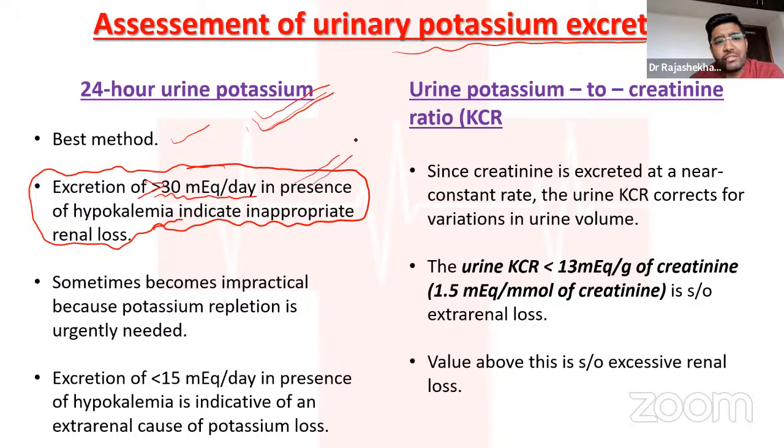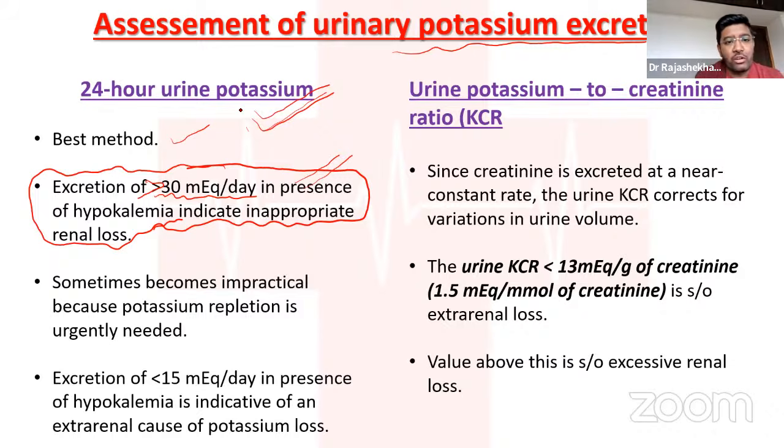Sometimes this particular test becomes impractical because potassium correction is urgently needed. For example, if you see a patient presenting with a cardiac arrhythmia and potassium is 2.5, you cannot just wait for the 24-hour urine collection before correcting the potassium, because if you correct the potassium, the value may become abnormal.